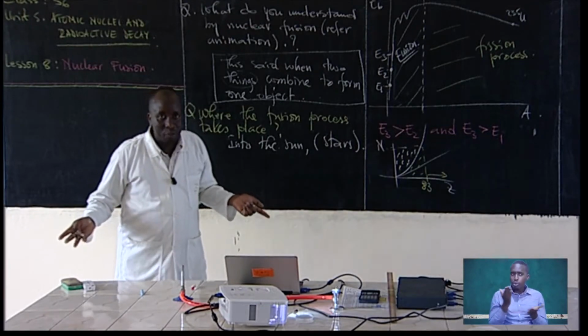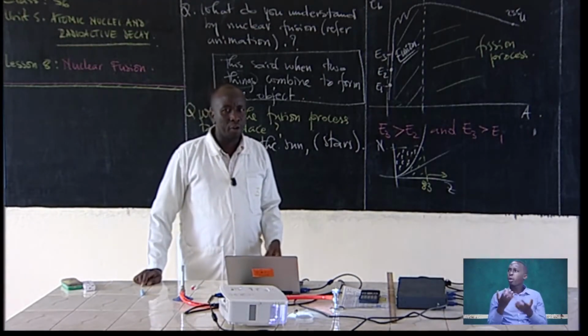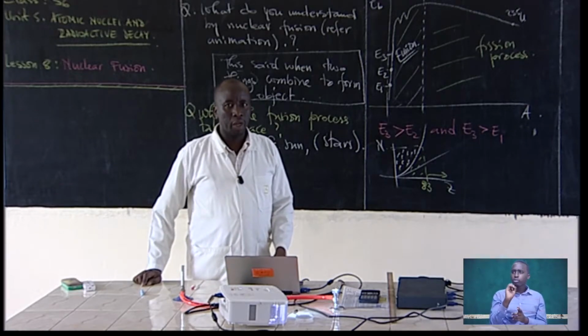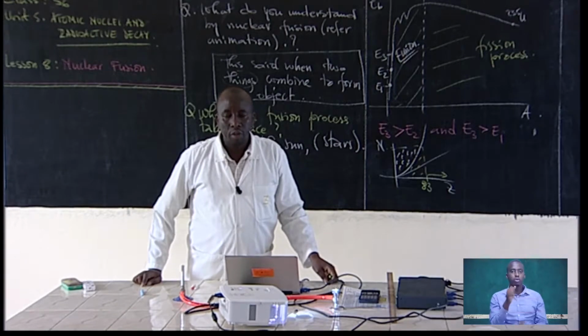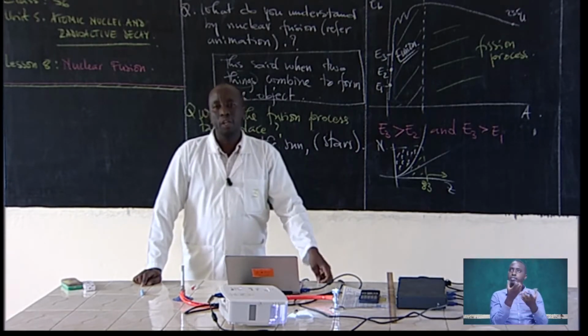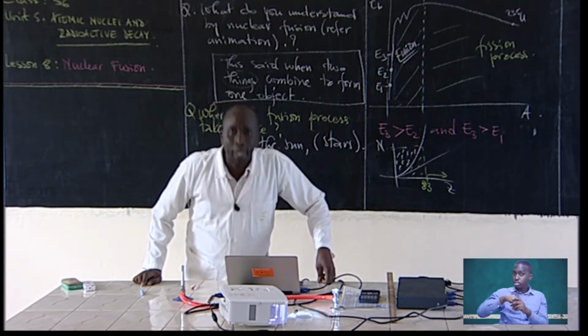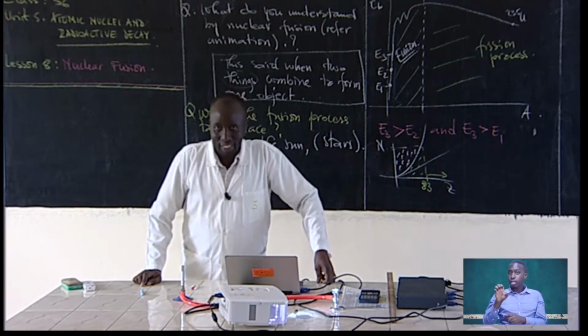Please remember when you are asked where we can have fission taking place. The answer that you can give is that it takes place in the nuclear reactor, nuclear reactors.